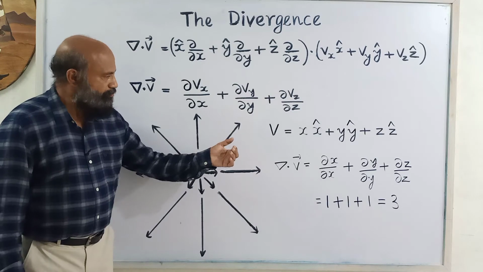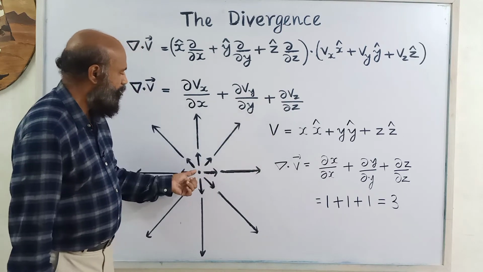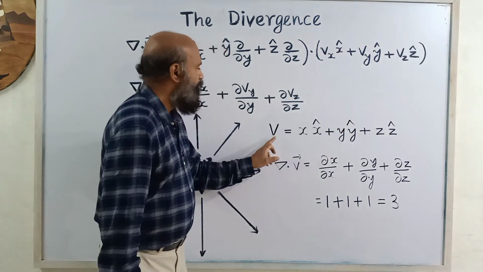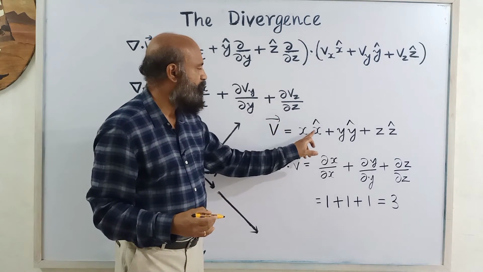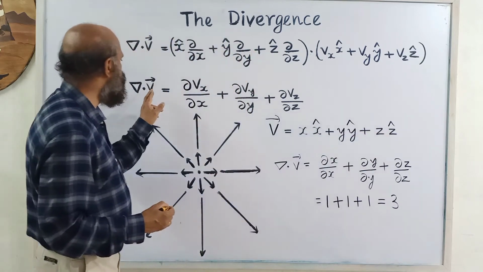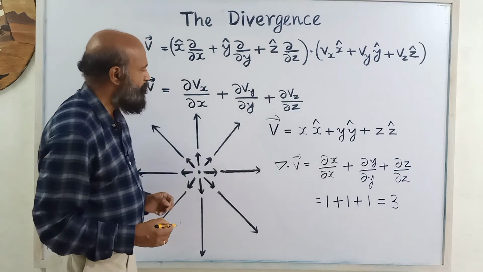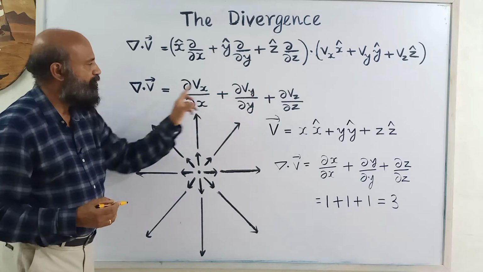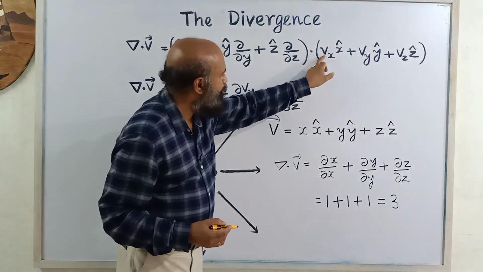Now, suppose the vector function representing this is given. V vector is equal to x x cap plus y y cap plus z z cap. Now for divergence, in the place of Vx, x is there.